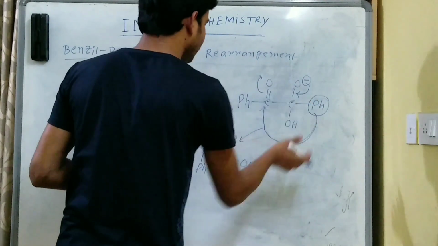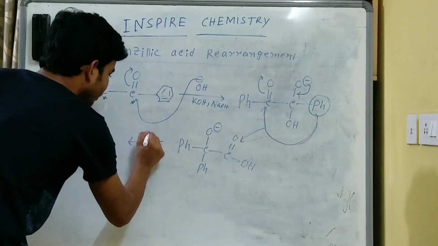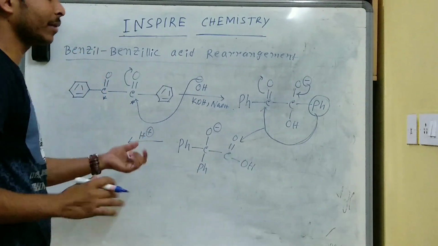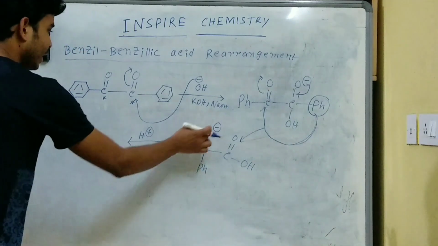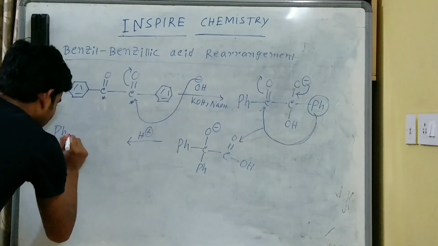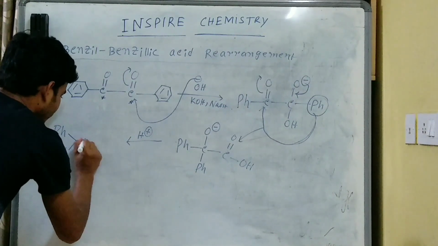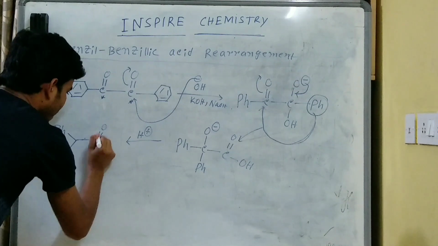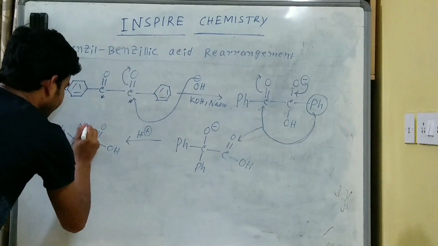After that, when we give H plus or mild acidic water, it will protonate and form Ph, OH, and here OH.